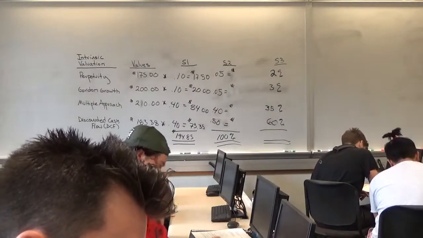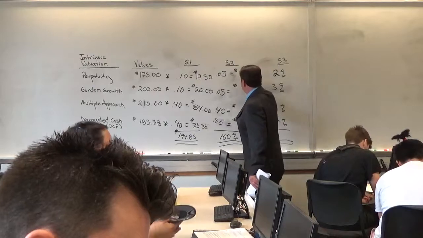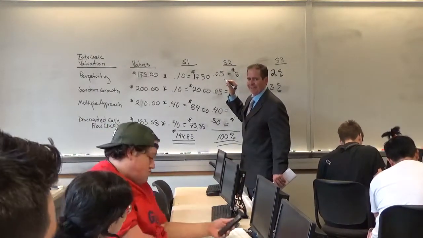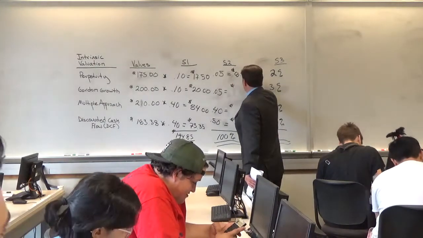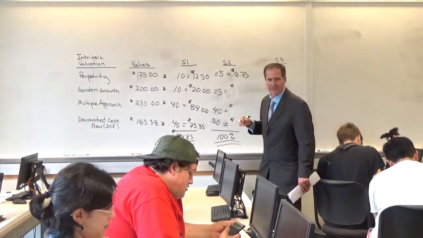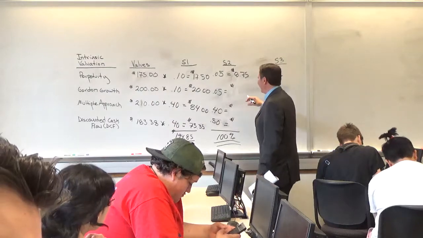What is it? 8.75. Okay, and just yell that out. A little louder. 8.75. Thank you. In corporate America, we all yell at each other. You yell and constantly yell. We're not very meek. We're not that quiet.